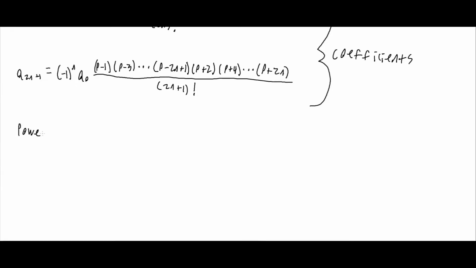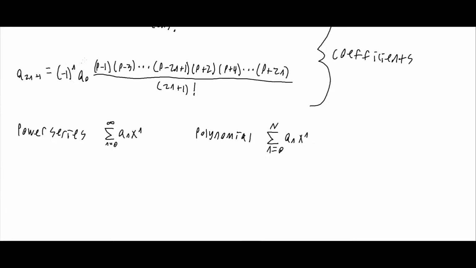A power series is of the form a summation from n equals 0 to infinity of a_n x^n, and a polynomial is of the form summation from n equals 0 to some finite n of a_n x^n. And so a power series does go on to infinity. A polynomial terminates at some n.